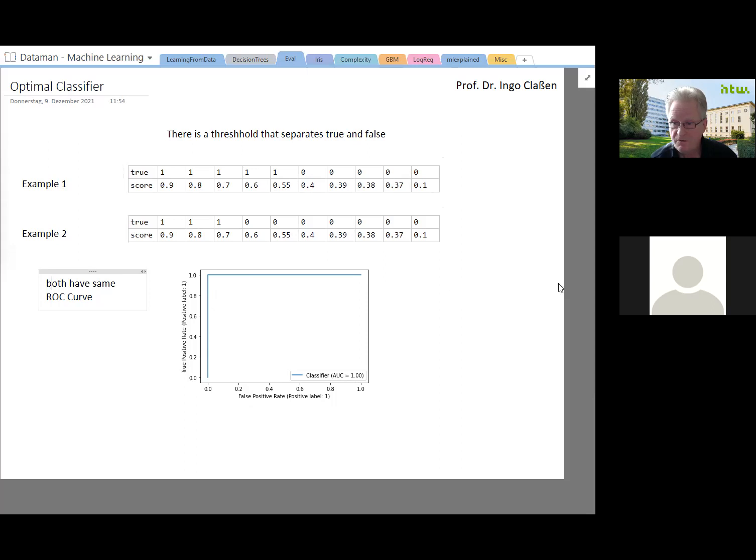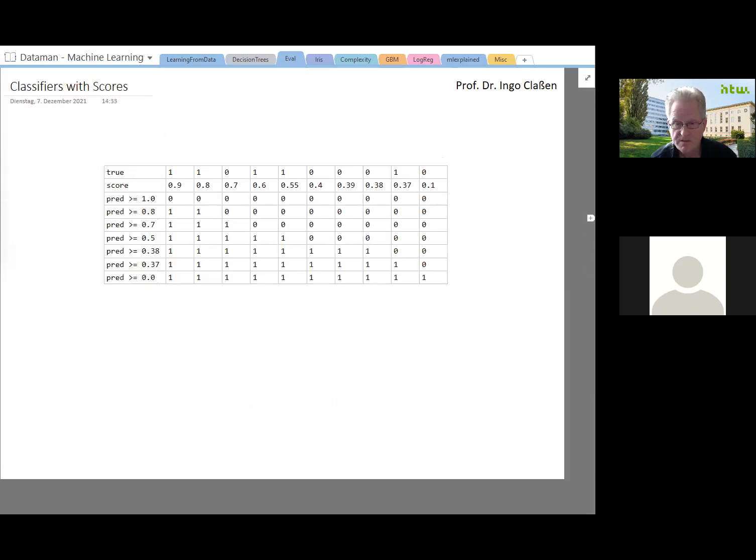If you look back at this one here, if I take 0.5, there is one that has a score of 0.7 but nevertheless is negative. So we don't have a threshold that really works; only a threshold of 0.75 would distinguish, but that would also not be okay because below we would have some ones.